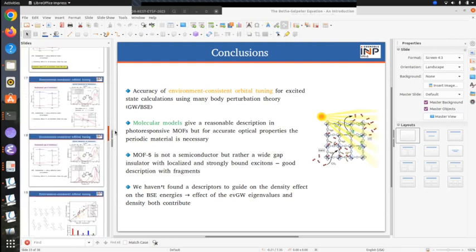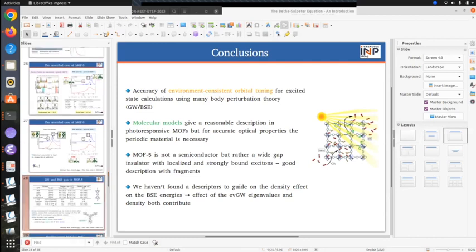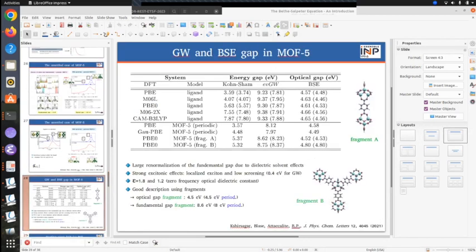Am I right? Yes, for example, there is a change in the values, but the binding energy seems to be more off when you include the environment than when you don't.